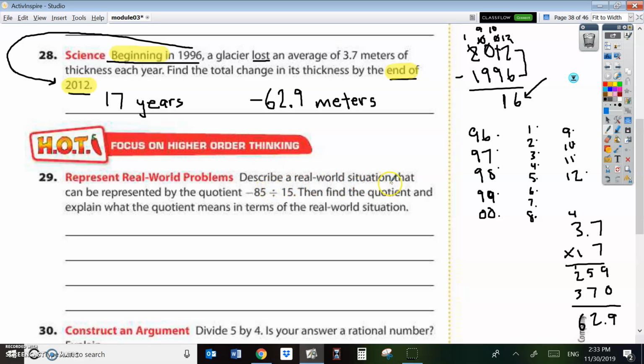Describe a real-world situation that can be represented by the quotient negative 85 divided by 15. Then find the quotient and explain what the quotient means in terms of the real-world situation.